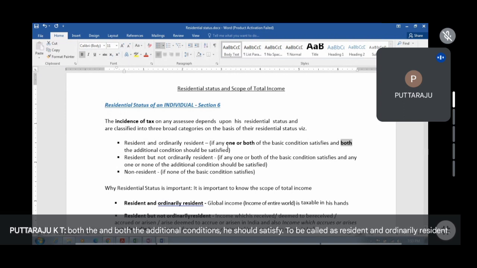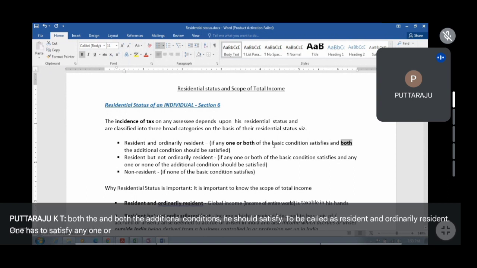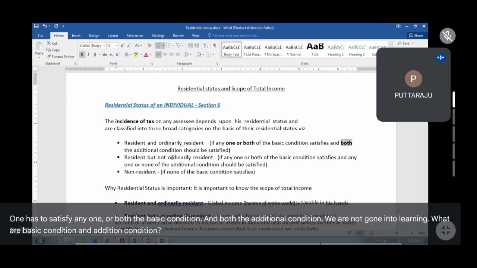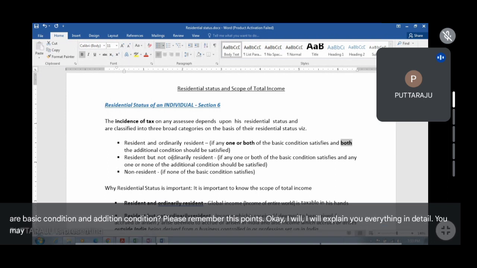One has to satisfy any one or both of the basic conditions and both the additional conditions. We have not yet gone into what the basic and additional conditions are. Please remember these points. I will explain everything in detail. You may ask any number of times until you understand it thoroughly.